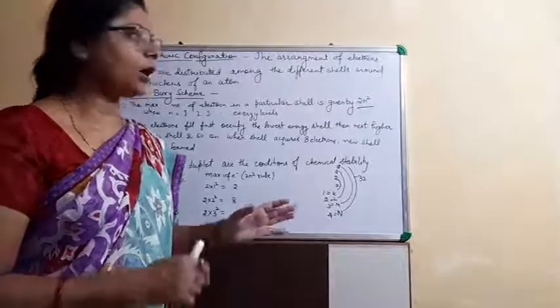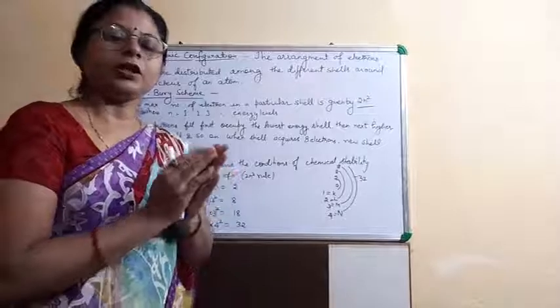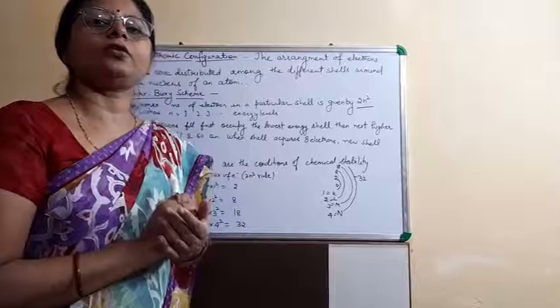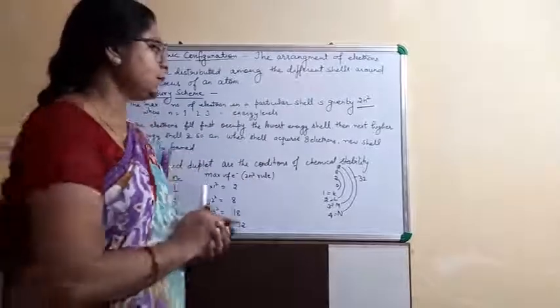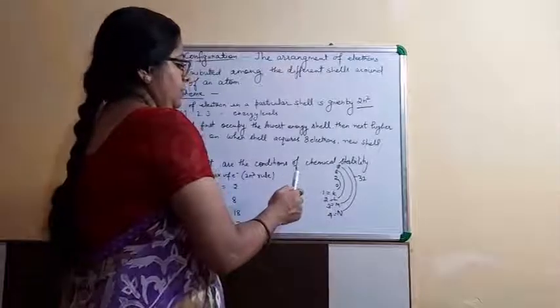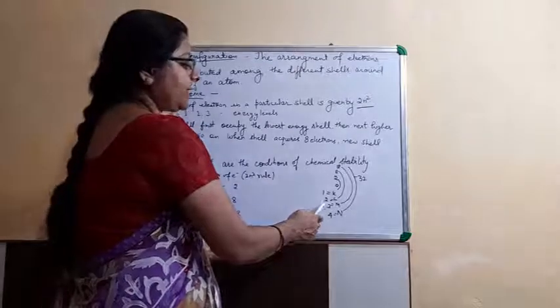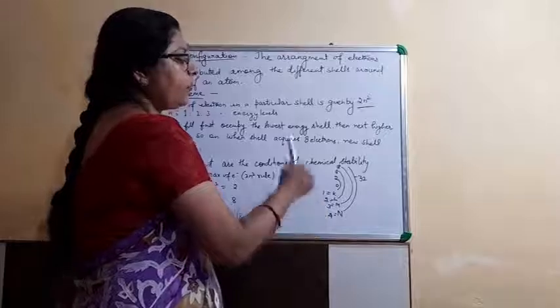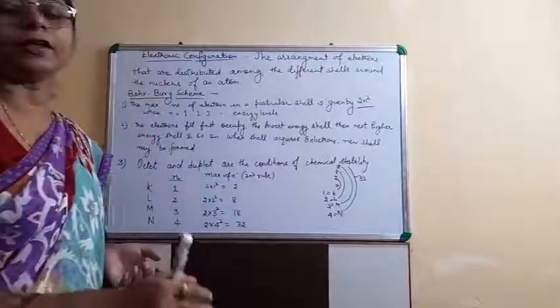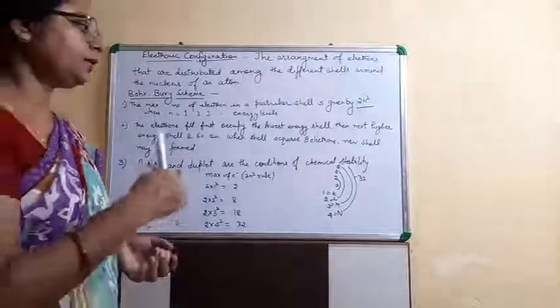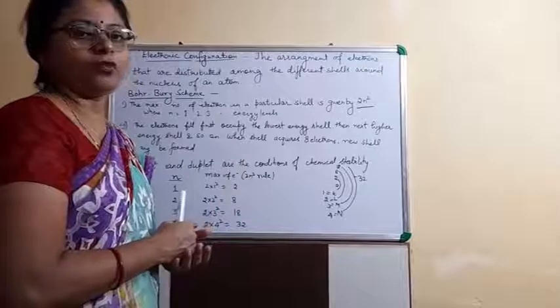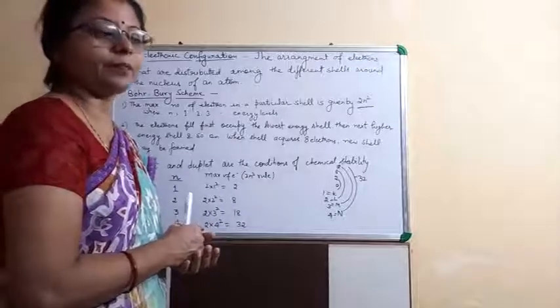So if they attain the octet structure, then the next orbit starts to fill. As in the M orbit, when it gets 8 electrons, further electrons will not fill in the M orbit, then the N orbit starts to fill because of stability.